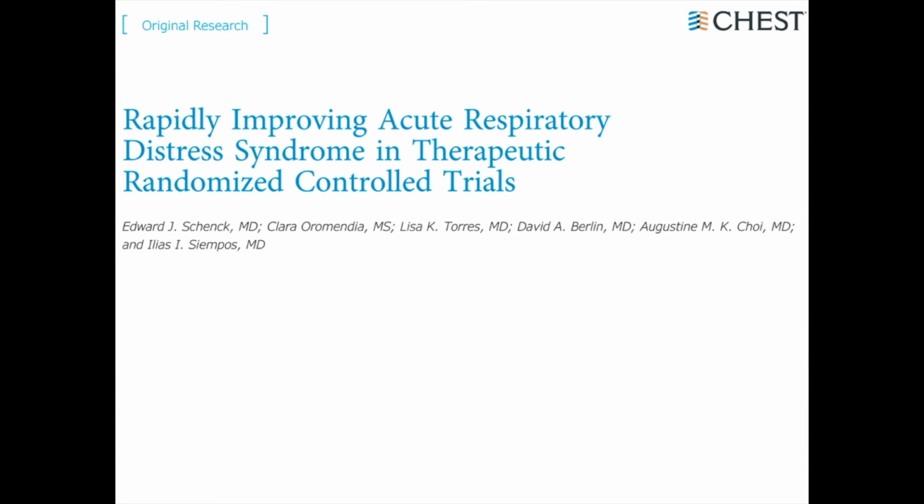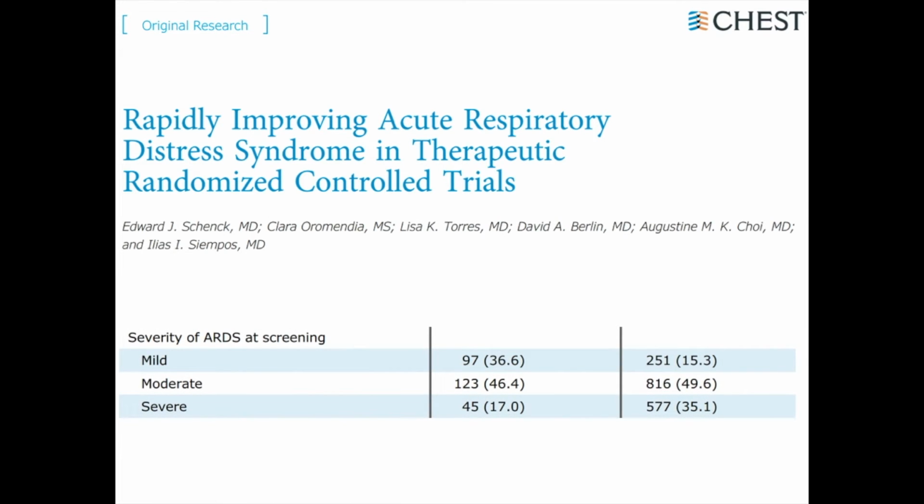Now, if we look at the severity of the illness in these patients, we can see that nearly 63% of the patients who had a rapid response to ARDS would have been classified as moderate to severe ARDS on day 1, which means that we should wait at least 24 hours in any ARDS study to see how the patients are responding, because these patients may not require more intensive therapy or any particular extra therapy for benefit.